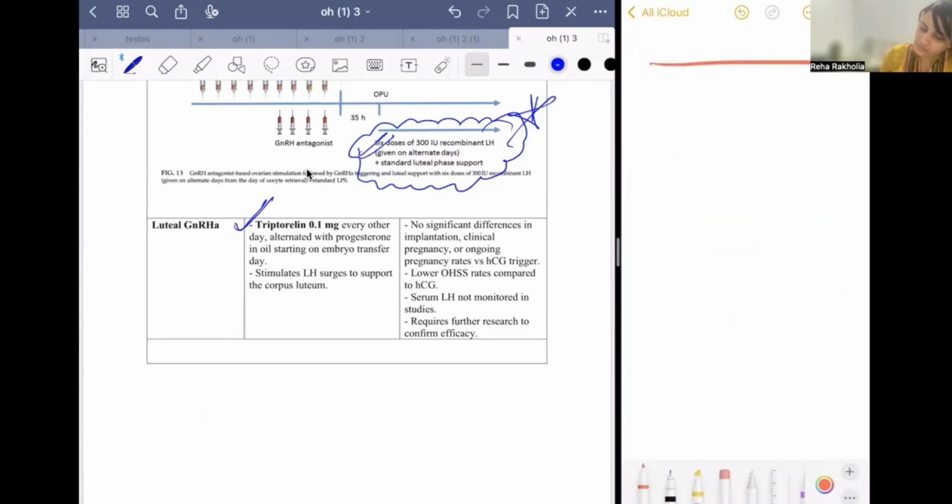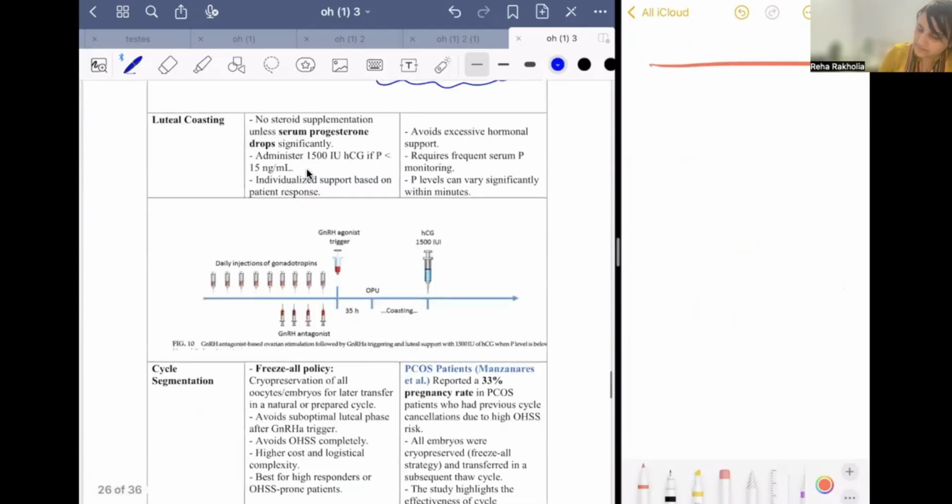Now we'll talk about the luteal coasting. This all are used with GnRH agonist trigger.